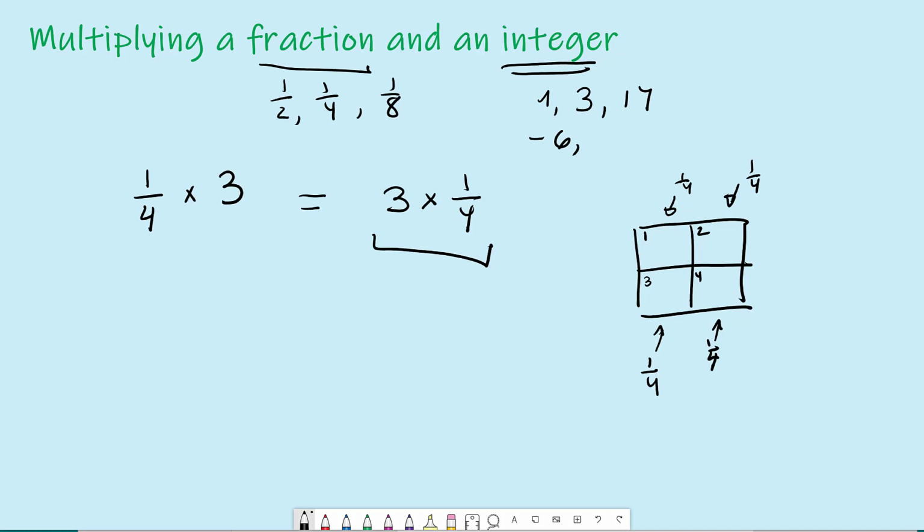Now, one of these is a fourth, but we want to look at 3 times a fourth. So, let's use some color here. Let's look at this fourth, and then let's add another one. And so we get 3 of these squares, or 3 of these fourths of the chocolate bar.